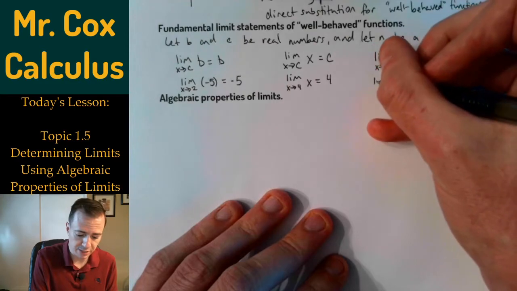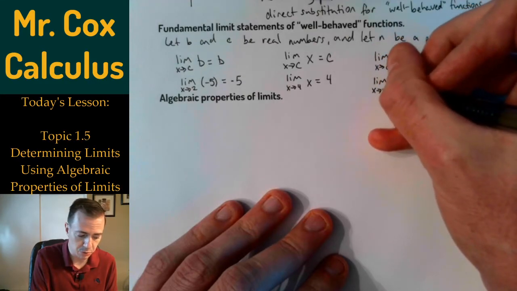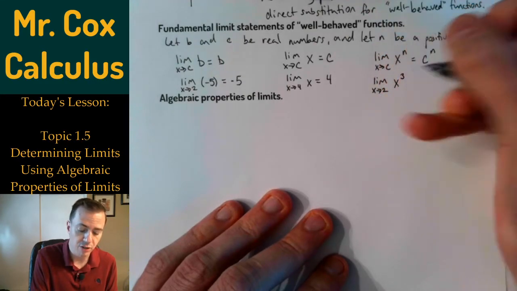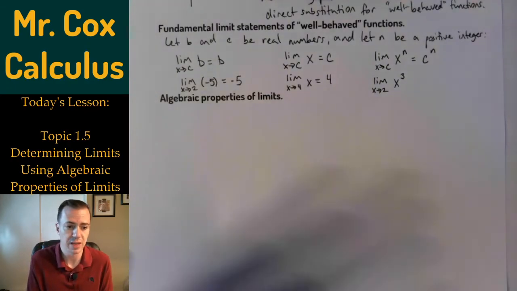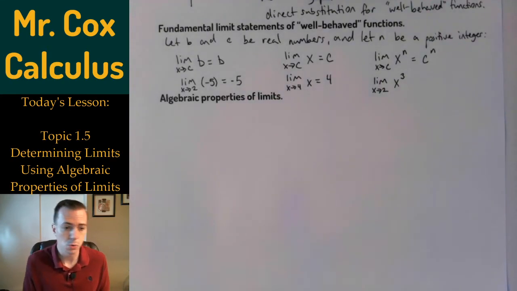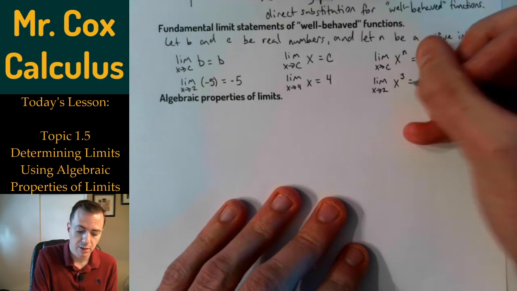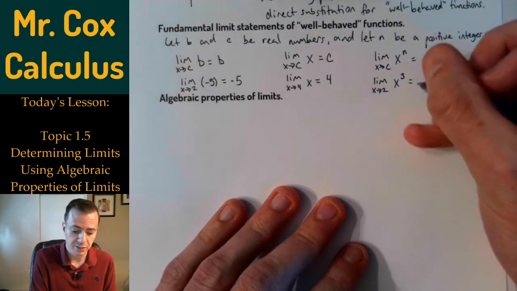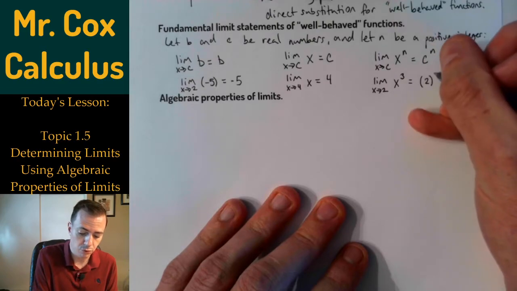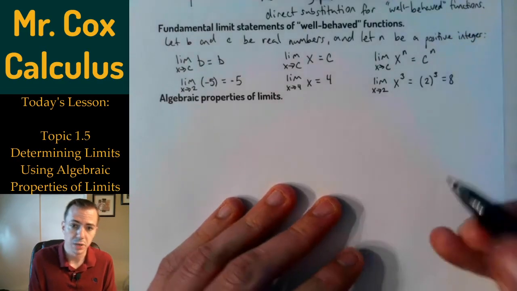And so for an example, if I look at the limit as x approaches 2 of the function x cubed, think about what x cubed looks like. You know the parent cubic function. As x is getting really close to 2, because nothing weird happens with that function in terms of holes or jumps or anything else that we've seen in the last couple of lessons, the limit as x approaches 2 of this function x cubed is going to simply equal 2 cubed, which is 8.